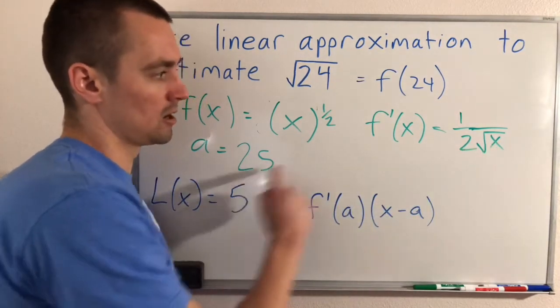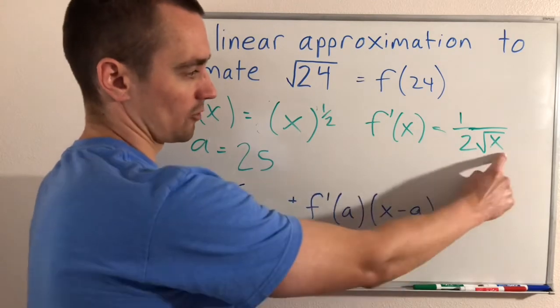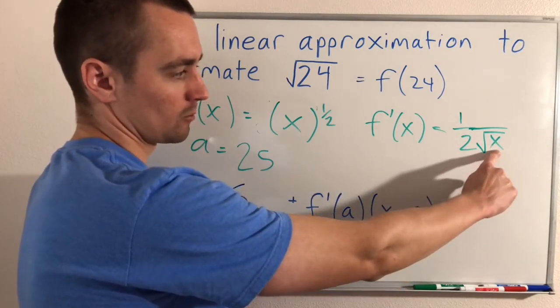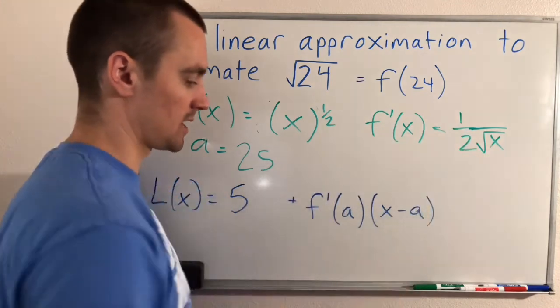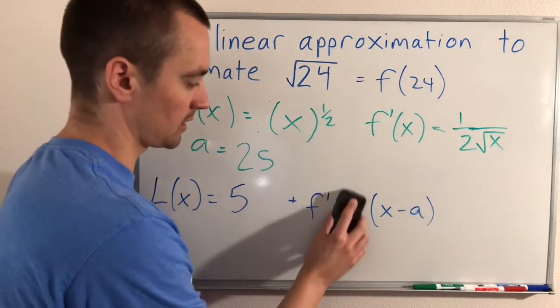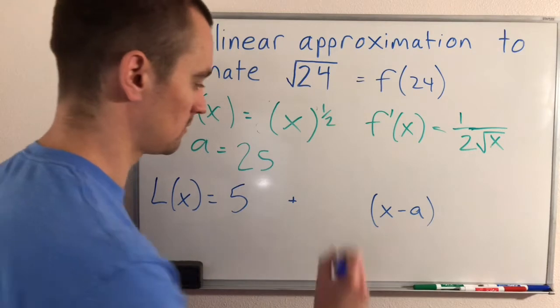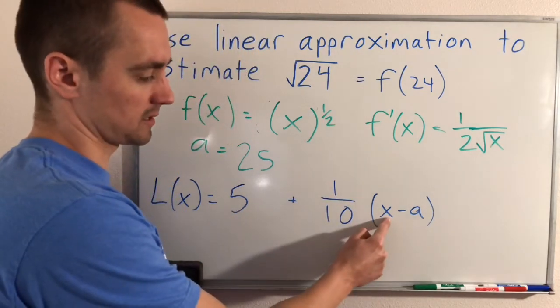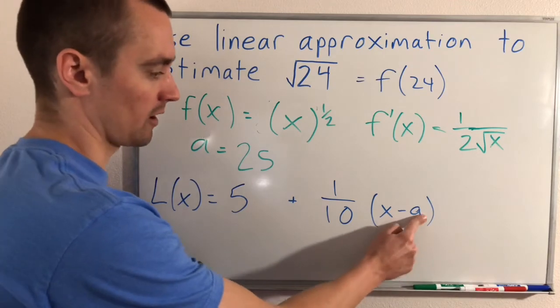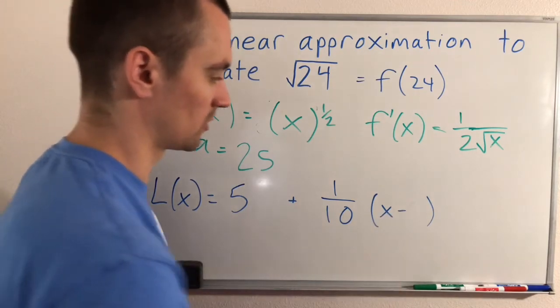So doing that, we'll get the square root of 25, which is 5, times 2 is 10. So we're just going to get 1 over 10. So f prime of a is going to be 1 over 10. And then x is going to stay as x, a is going to be 25. So we'll just put a 25 in there.